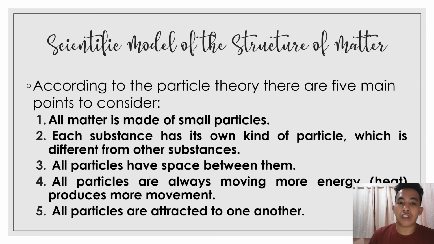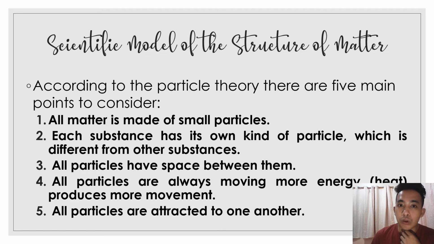Next, each substance has its own kind of particle which is different from other substances. Let's have carbon monoxide and carbon dioxide. Even though they both consist of carbon and oxygen, carbon monoxide is a poisonous gas having one oxygen atom, and carbon dioxide is just a normal gas we breathe out.